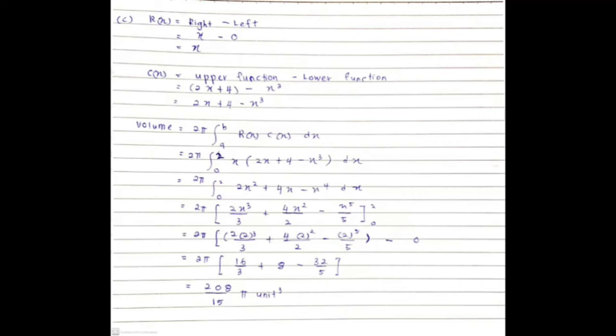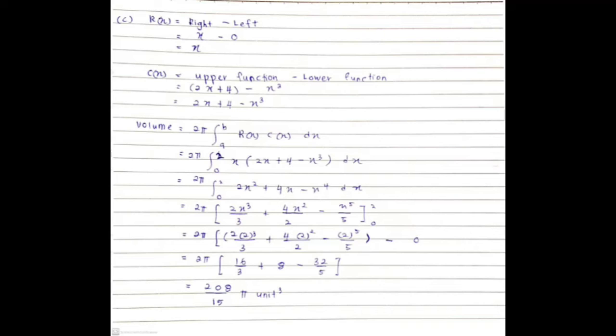So the right hand side is x, R(x) is right minus left. So the right is x, which is the shaded region, minus 0, which is the y-axis.